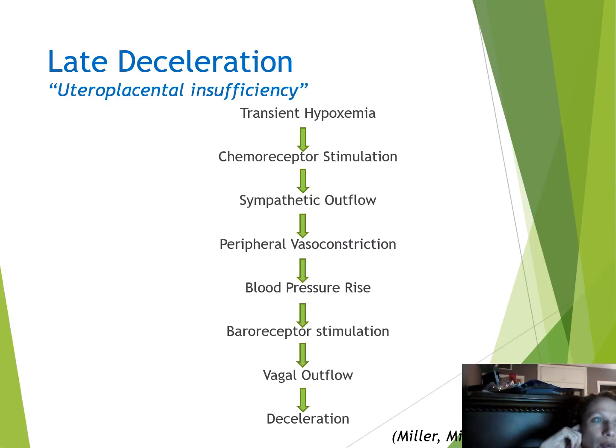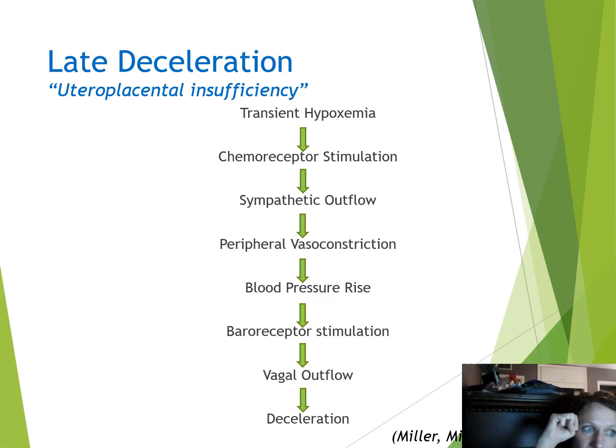You have this chemoreceptor stimulation. So remember, the chemoreceptors are the ones that respond to like the increase in CO2, right? You have that sympathetic reaction. And then the peripheral vasoconstriction, so their blood vessels constrict, which causes their blood pressure to rise.